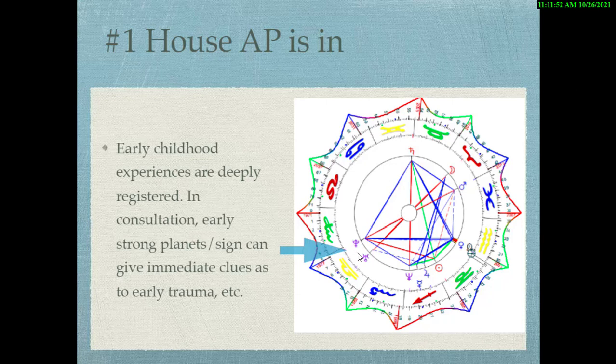Can give us clues to early traumas, early influences, and can save us a lot of time by quickly biographically going through and looking at where the planets are for that individual at these stages, just noticing which house it's in. So right at the cusp of the second house, self-worth, possessions, and Pluto across this axis would be extremely important to catalog for that individual.